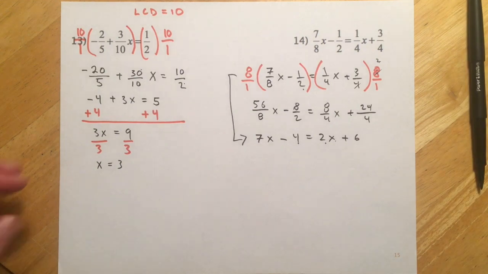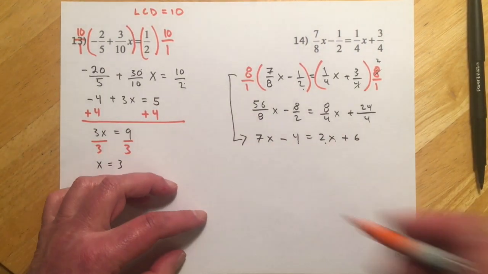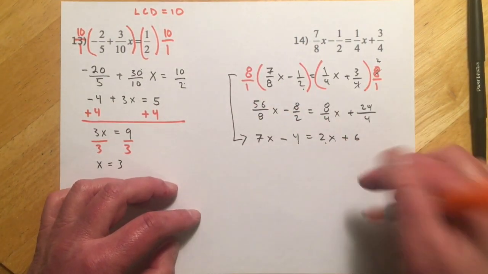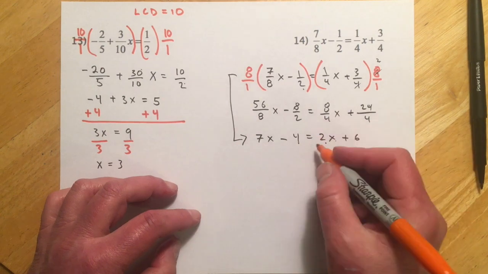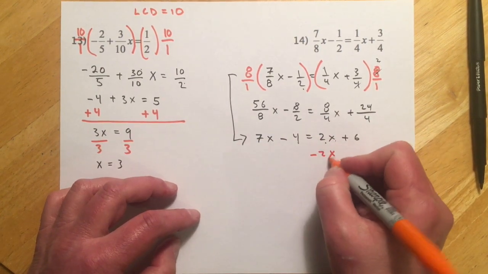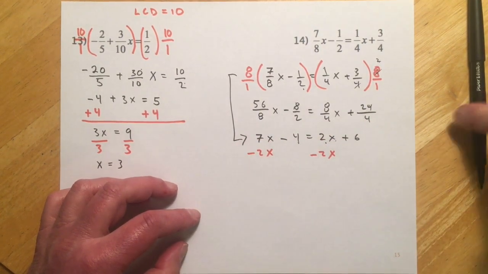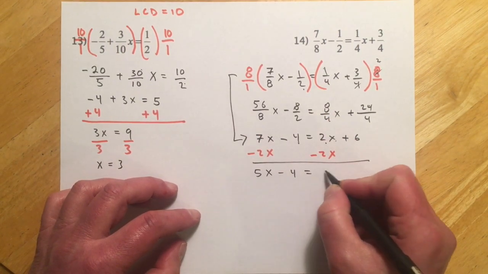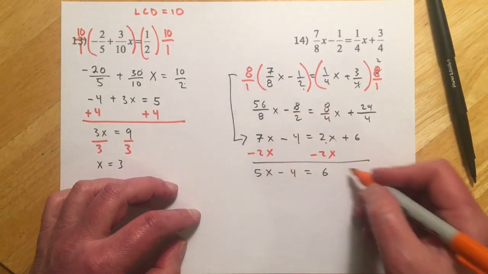Once we got that, in this case we got our first x's on both sides. Okay, that's cool. So we want to get x's to one side and numbers to the other. So I'm going to get my x's combined over on this side. It doesn't really matter which way, but we'll do that. And then this is going to go 5x minus 4 equals 6. And then we'll pop this over.